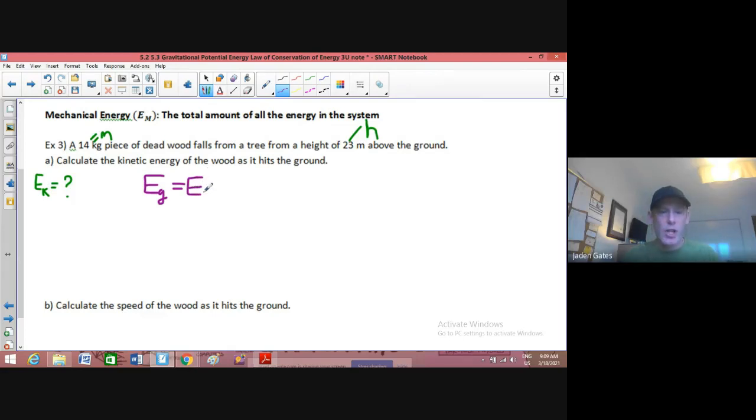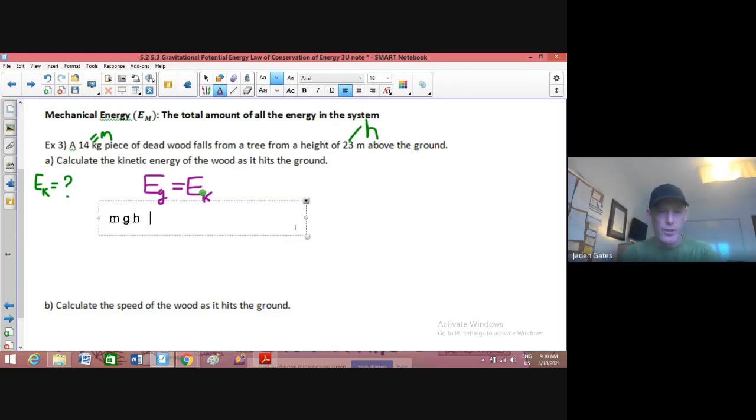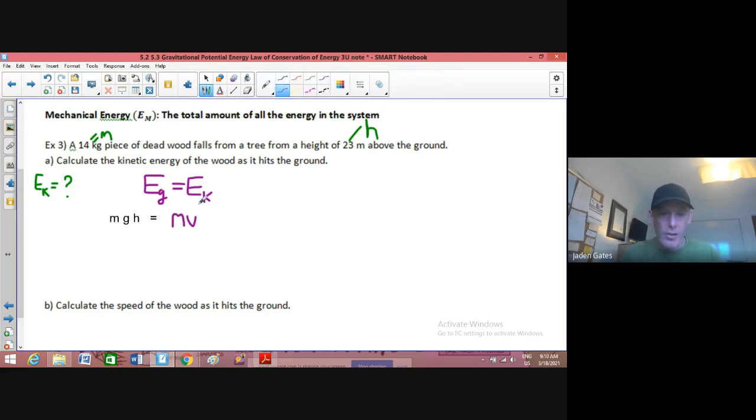Because no energy is lost, they are equal, because when it hits the ground, the piece of wood no longer has height, and therefore no longer has any gravitational potential energy. And so our gravitational potential energy at that height is mgh. All right, and it is going to be converted into kinetic energy, which we looked at as mv squared divided by 2.